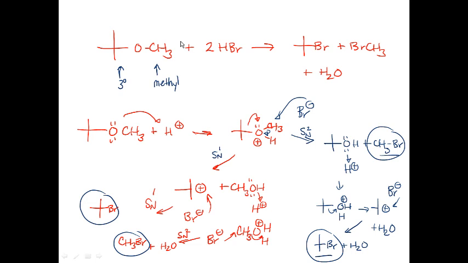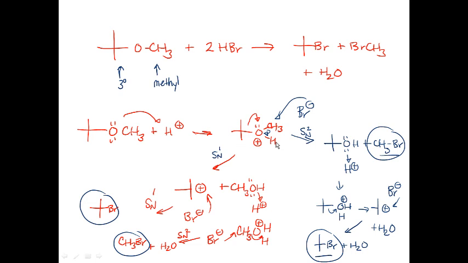So really the mechanism is going to depend on what type of ether you have, but hopefully you're looking at this going, we've done this in the past, because we have. We've done SN2 reactions. Now all I'm doing is having my protonated ether become, in essence, an alcohol as a leaving group and not water.